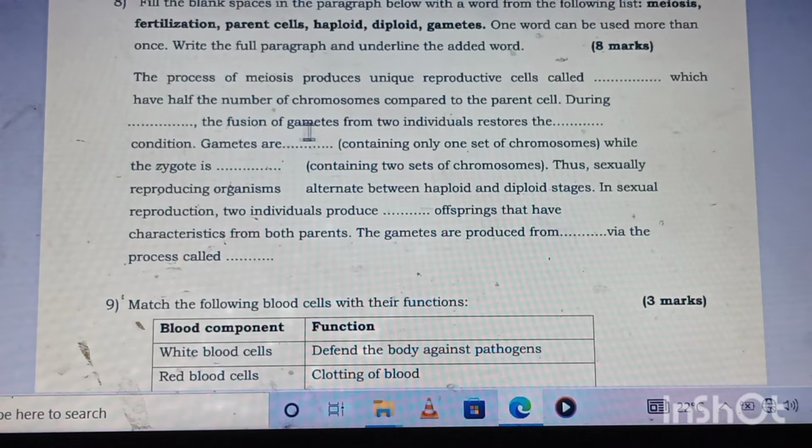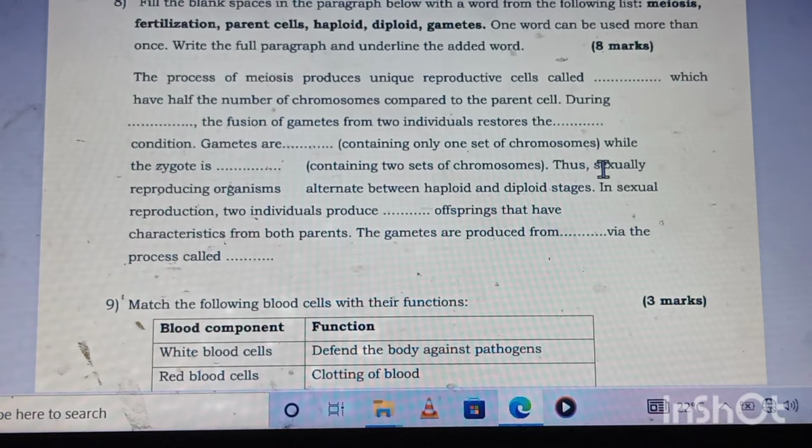The fusion of gametes from two individuals restores the diploid condition. Haploid gametes contain only one set of chromosomes, while the zygote is diploid, containing two sets of chromosomes.